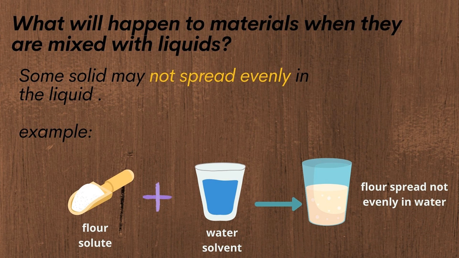Although it takes time para maghalo silang dalawa or mag-mix together, mapapansin nyo na may mga lump na matitira, may mga buo-buo pa, or may area na hindi na-spread agad sa water. Yan, katulad ng ating example for today from our presentation. So remember, there are also some solids that may not spread evenly in the liquid.